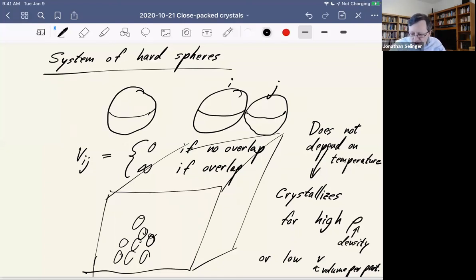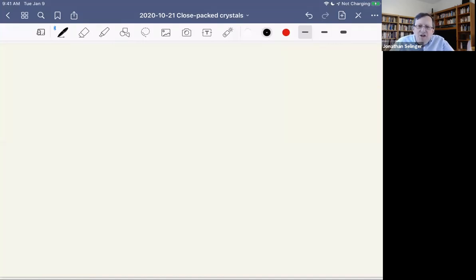So there's a sort of phase diagram for this system, which is a one-dimensional phase diagram because it only depends on one variable, which is the density. So I'll make a one-dimensional phase diagram like this, with density as the only axis.